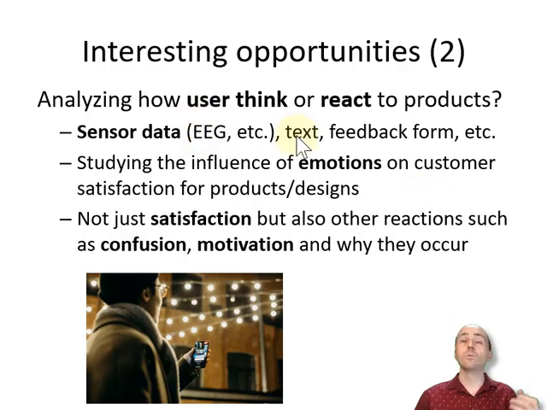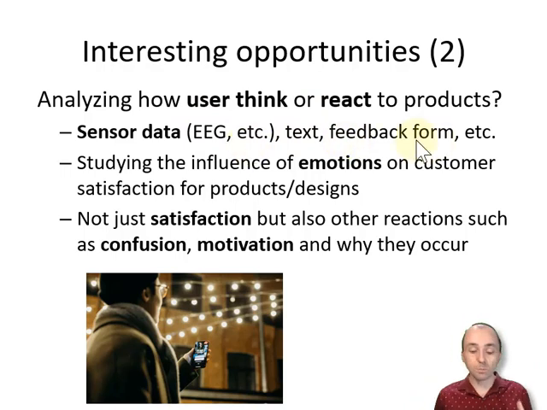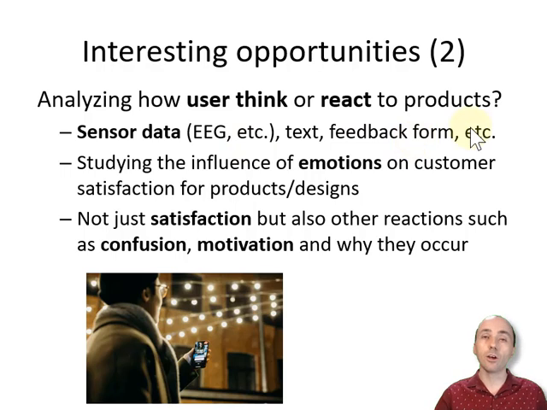We can use a feedback form, a questionnaire, to ask people what they think about our design, about our product. Then using this data, we can analyze with software to learn what people like, to do maybe some predictions too.